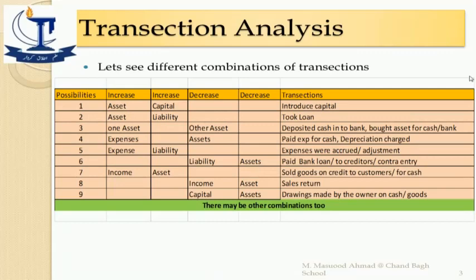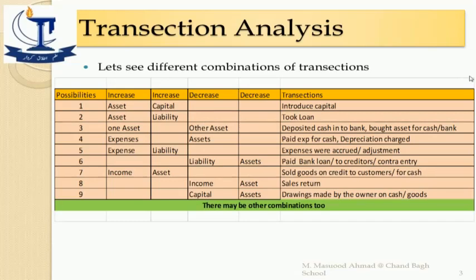And when I'm discussing point 3, that is one asset increases and another asset decreases, what type of transaction could it be? When you deposit cash into your bank account, you are draining the cash out of your office and putting that cash into your bank account.